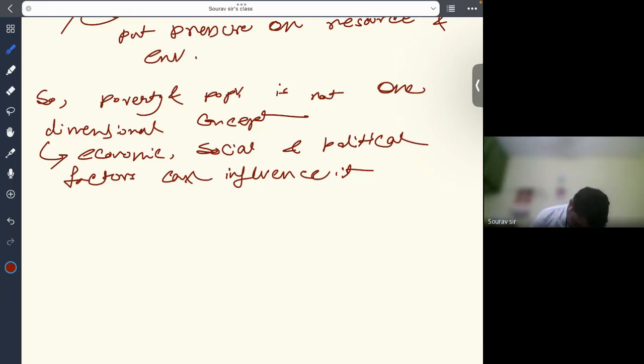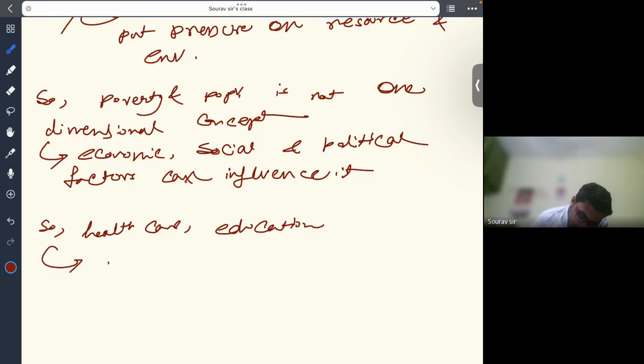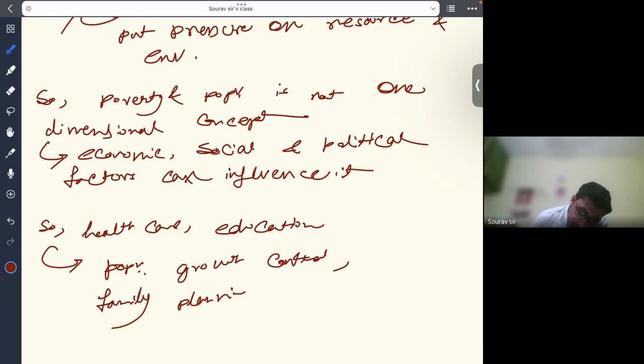So, on the one hand, healthcare and education, and on the other hand, population growth control and family planning. This type of various policies should be taken by the government to control the entire system.